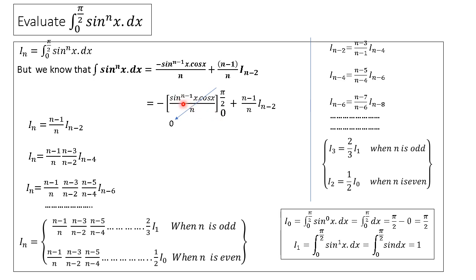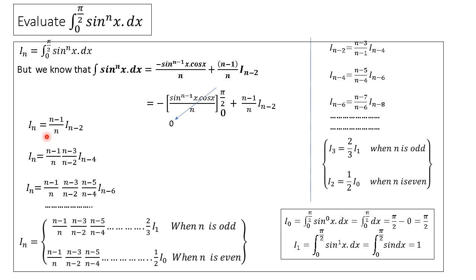Sin 0 value is 0, and 0 into any number is 0. So applying the upper and lower limits, this whole term becomes 0. We are left with only (n minus 1) divided by n into I_(n minus 2). Therefore, I_n is equal to this.